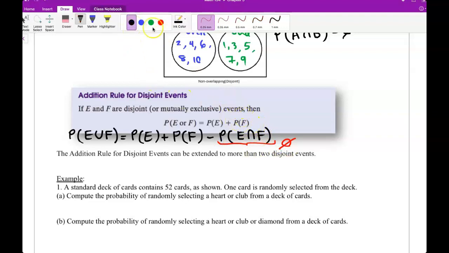If I wanted to write this in words, using and or or instead of union and intersection: when you have union, we have or, and when you have intersection, this is and.